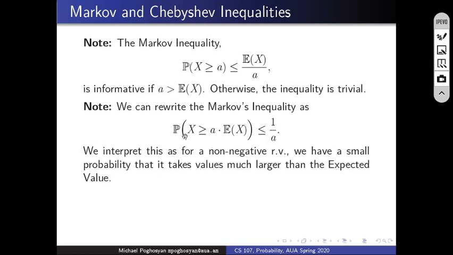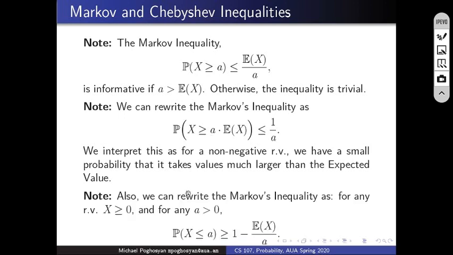So the probability that x is taking larger values than our expected value is small. It can be estimated by this, 1 over a.